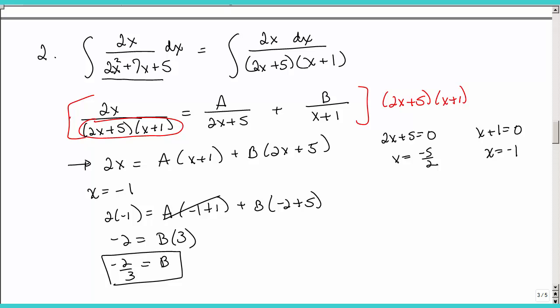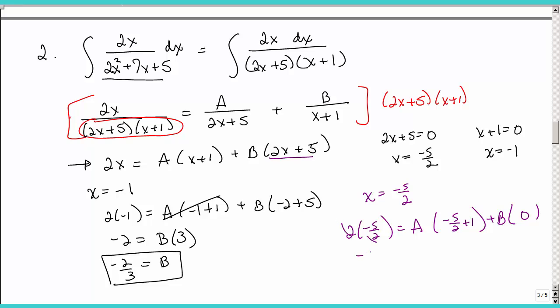And then if I let x equal -5/2, that's going to end up 0 because that came from the 2x plus 5. And so here I get -5 equals a times -3/2.